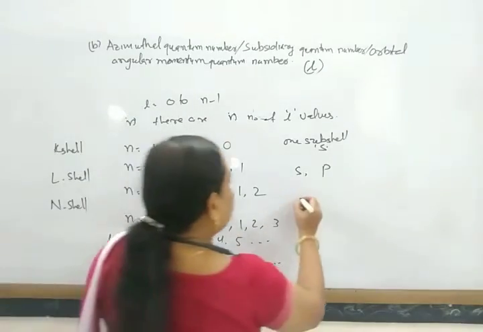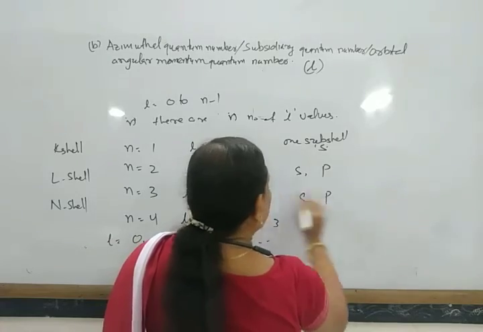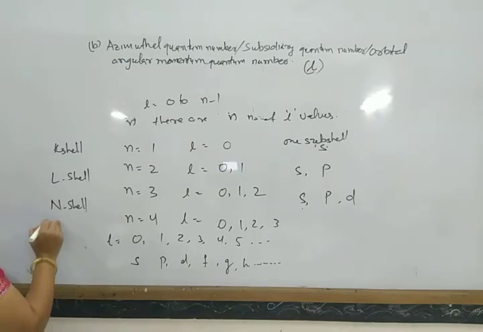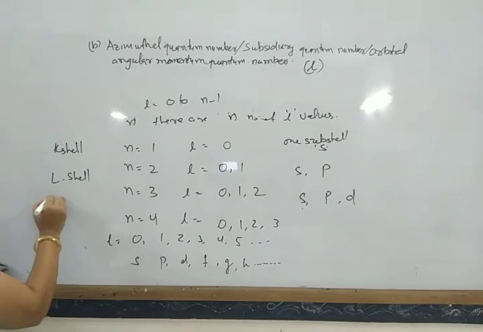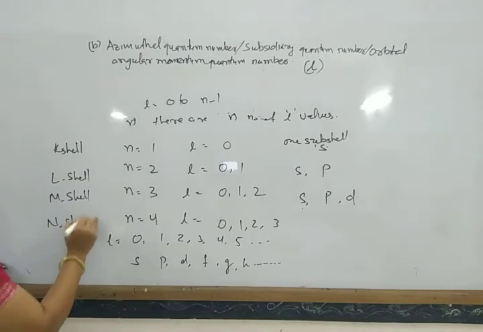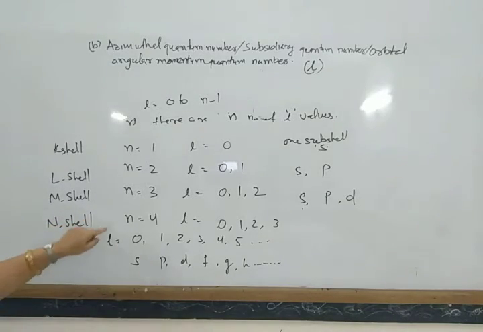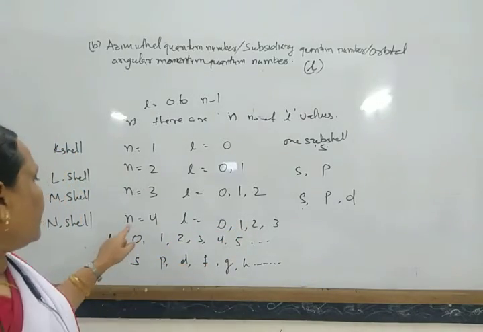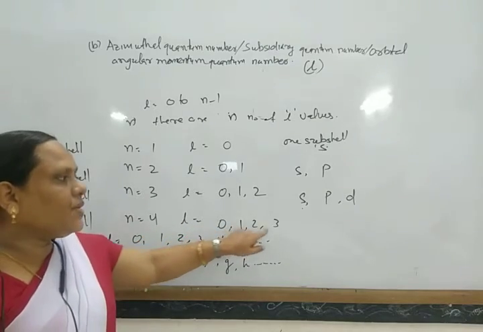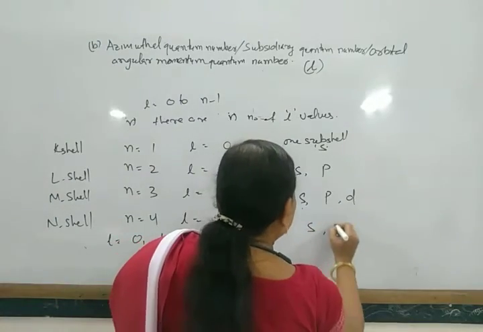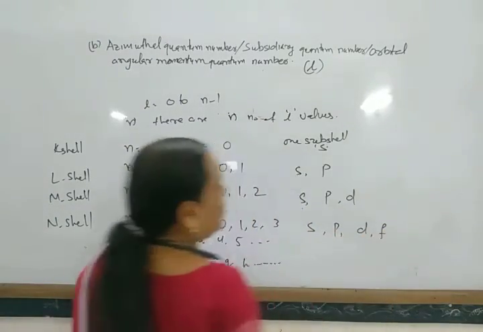For 0, this is S. For 1, this is P. For 2, this is D. Similarly, for n equal to 4, that is the N cell, L equal to 0, 1, 2, 3, which means it represents 4 subcells, that is S, P, D and F.